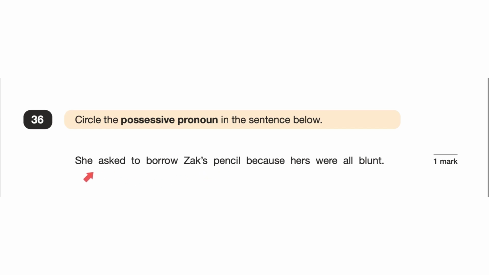But really, what we're looking at is she asked to borrow, okay, because hers were all blunt. So it's really referring to her pencils. Her pencils were all blunt. So in this sentence, hers is acting as the possessive pronoun. And again, that makes sense, doesn't it? Her pencils, hers were all blunt. So we can circle that very, very simply, take the mark and move on.